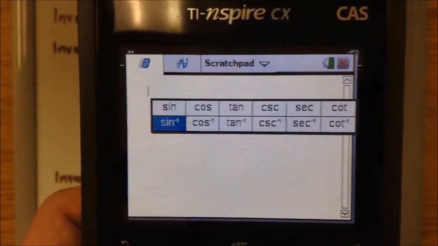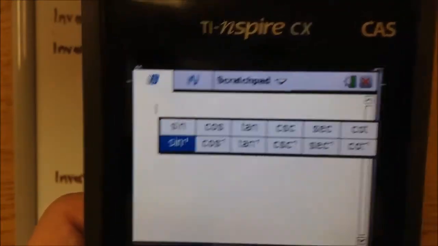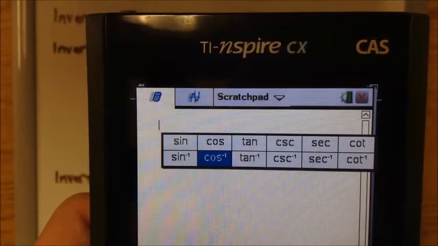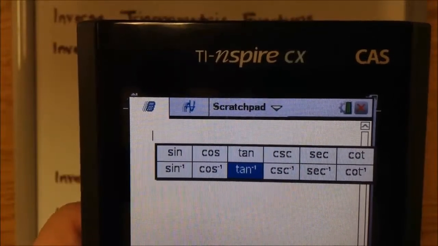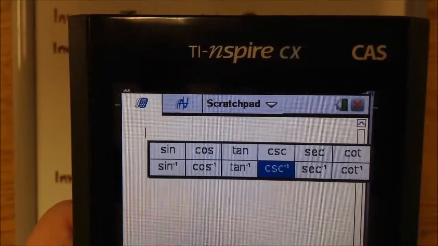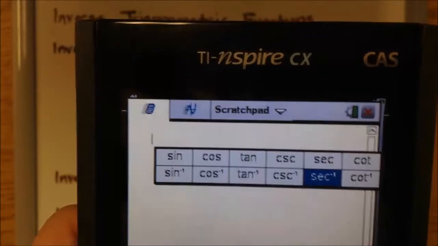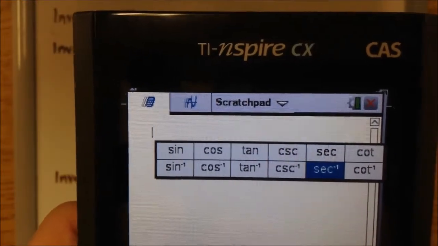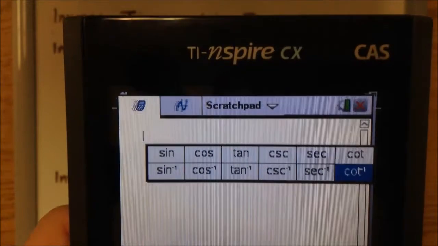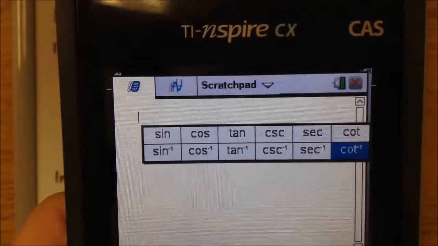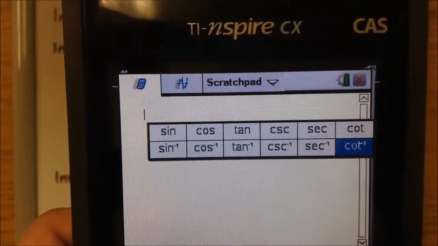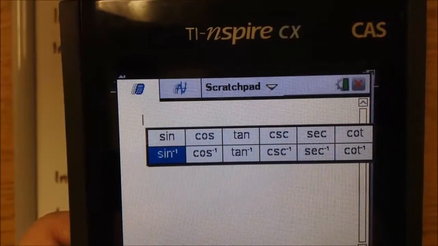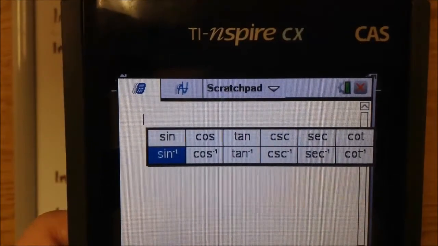So you see here is inverse sine or arc sine, inverse cosine or arc cosine, inverse tangent or arc tangent, inverse cosecant or arc cosecant, inverse secant or arc secant, and then inverse cotangent or arc cotangent. So you would use these six functions depending on the triangle, depending on the problem, in order to find your missing angle measurements.